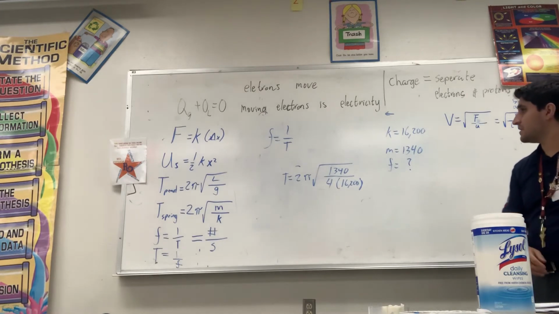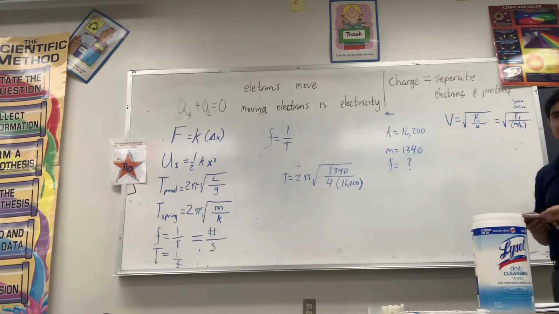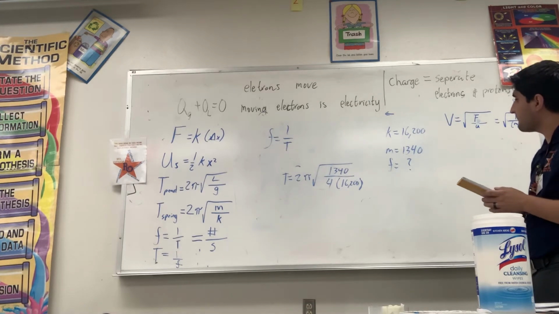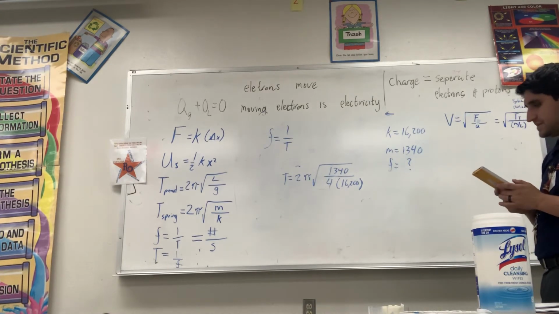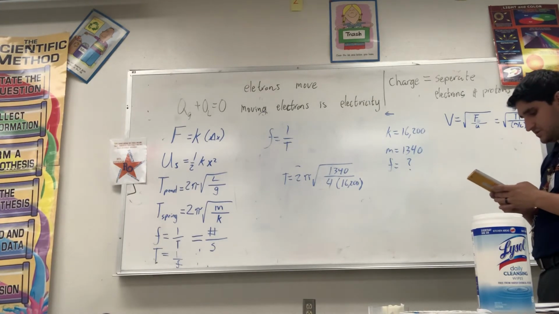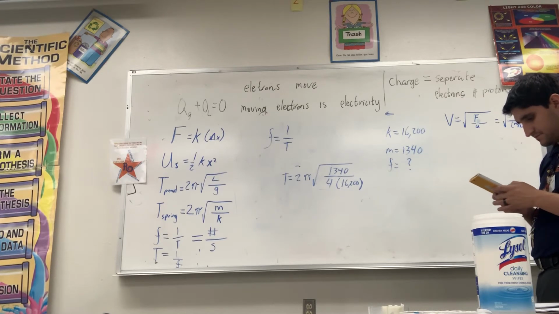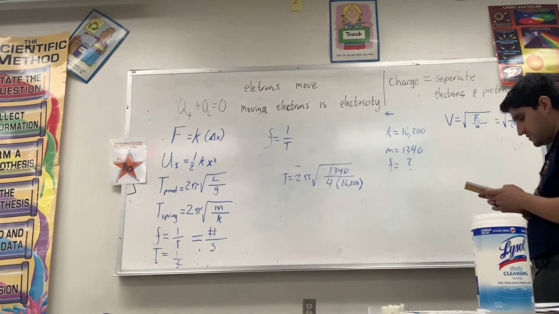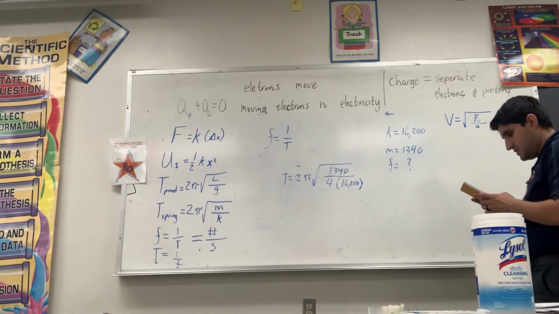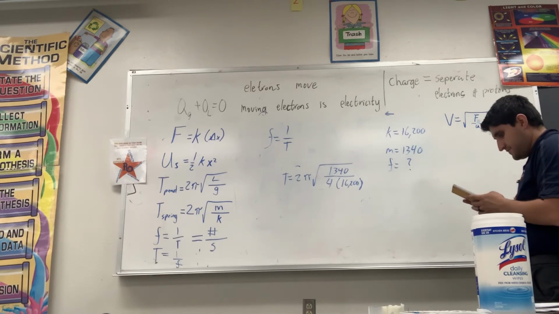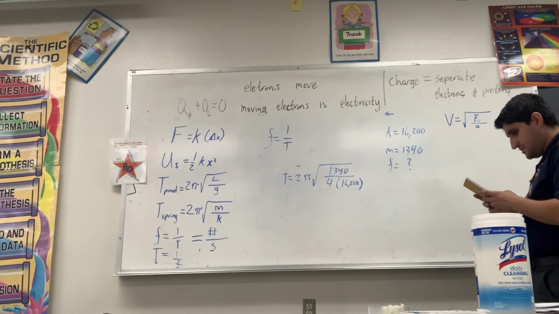I find the period, then I plug that into the frequency. So it's 2 pi times the square root of 1340 divided by 4 times 16,200.